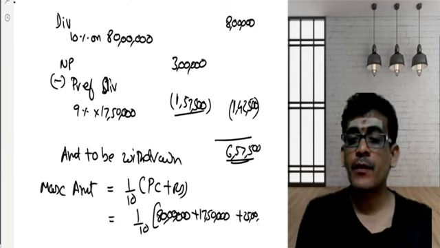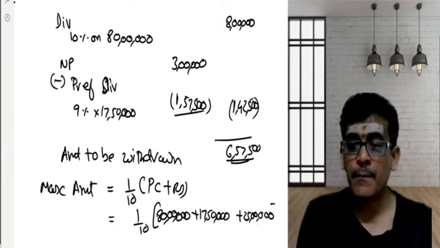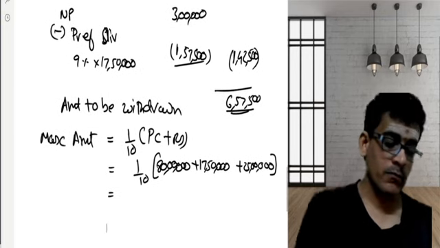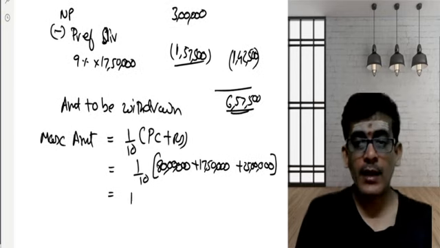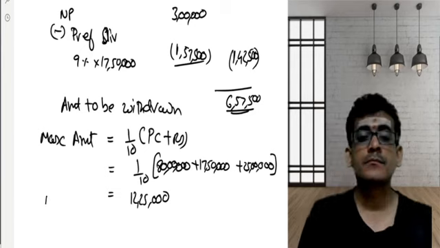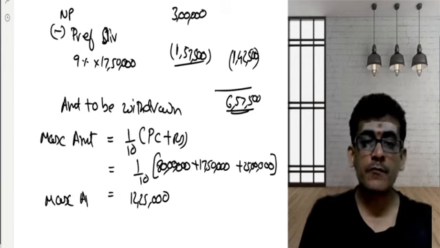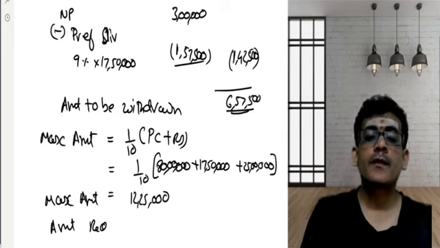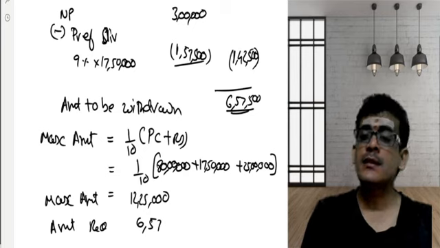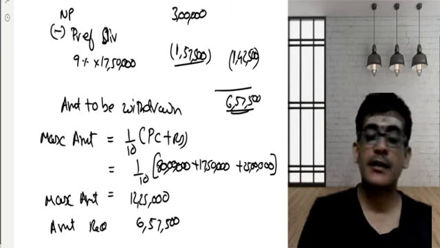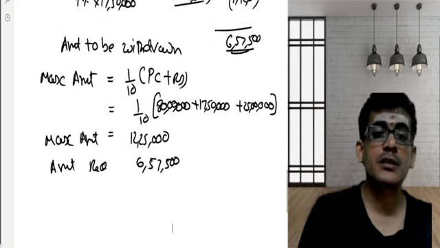So ultimately 1/10 of this is the maximum amount. It comes to 12 lakhs 25,000. You can draw a maximum of this, but the amount required is much less than this. So you are drawing only 6,57,500.